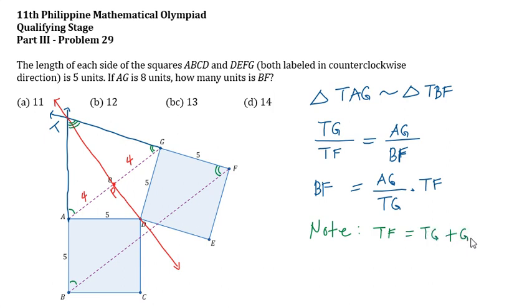So if we replace TF with TG plus GF in this equation, it becomes BF equals AG divided by TG times TG plus GF.